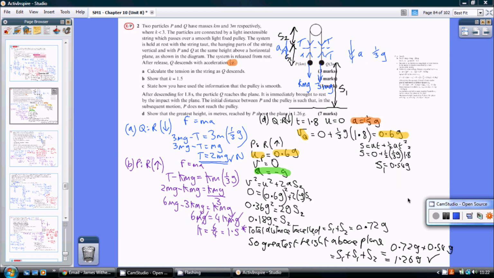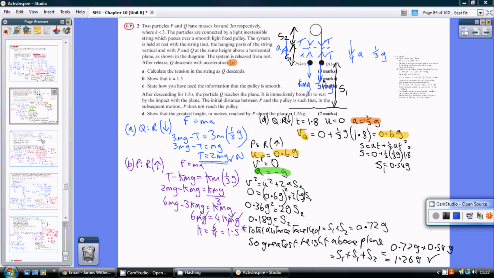Now, part D is a classic pulley question, so it's really important you get to grips with this. Now, obviously the question is all about P, but we can't really start until we know what the initial speed of P is on its journey. Now, the initial speed of P once Q has hit the ground is going to be the final speed of Q as it hits the ground.